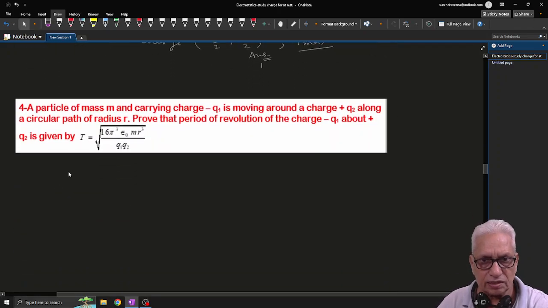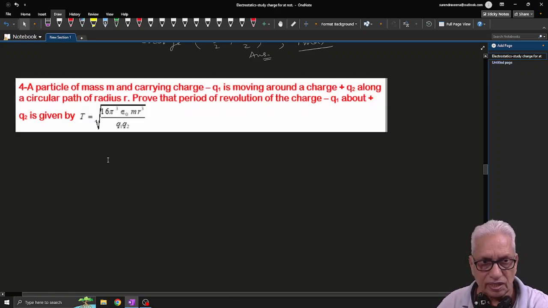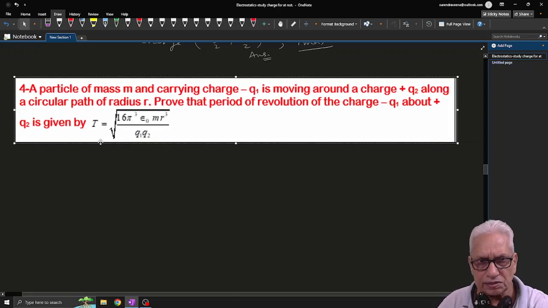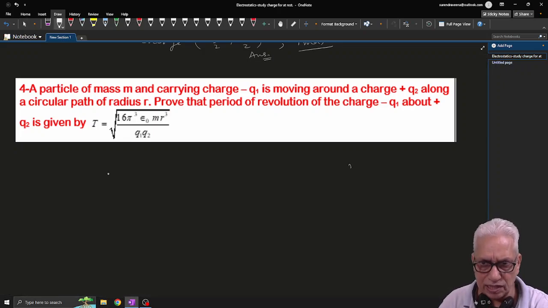Now, this is again a very good question. Here, suppose this is the charge of mass m and charge is negative. It is circulating in the circle of radius r as per the question, and at the center a positive charge is there.